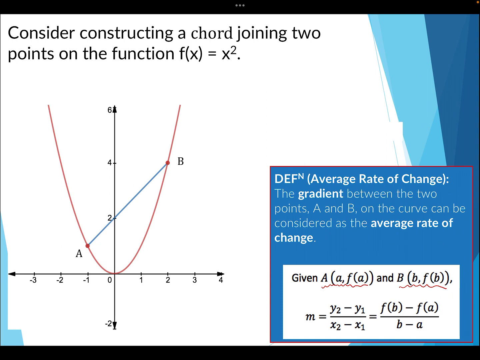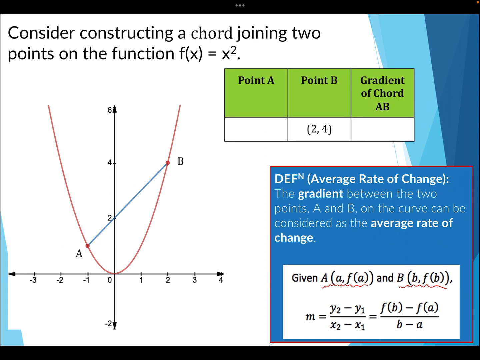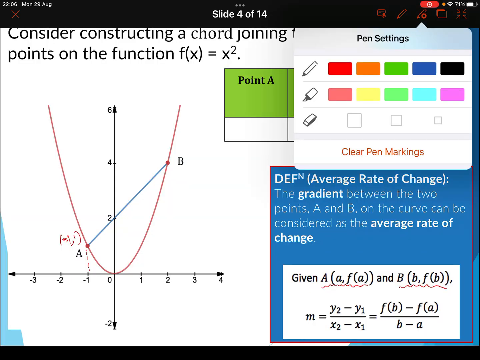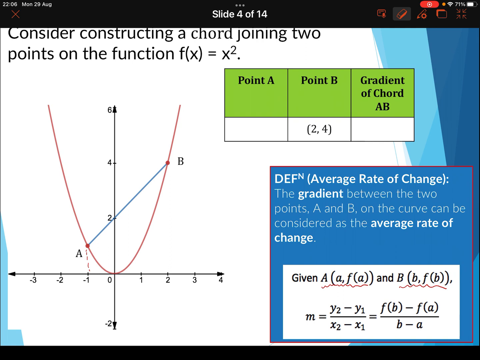Now we can put this in a table. For point A, x is minus 1, so y is 1, correct? Let me write that properly, minus 1 and 1.